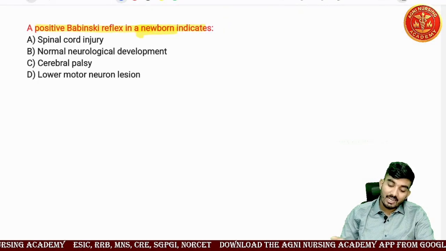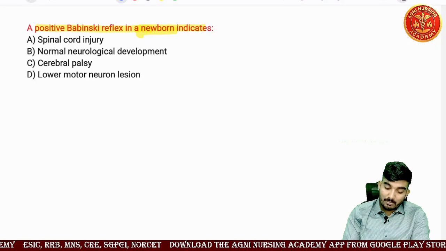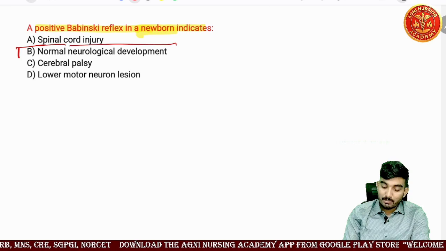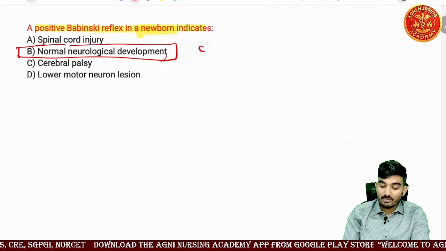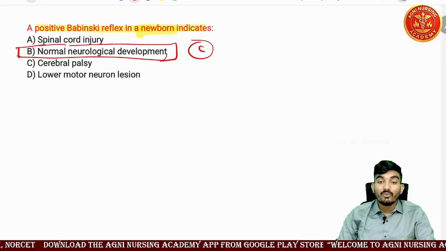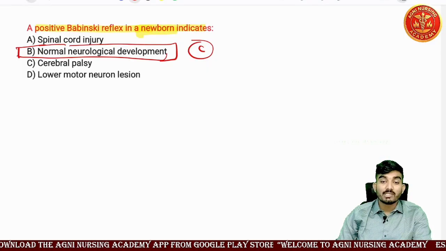The correct answer for our question is option B. That means normal neurological development is assessed in the newborn in the case of a positive Babinski reflex.